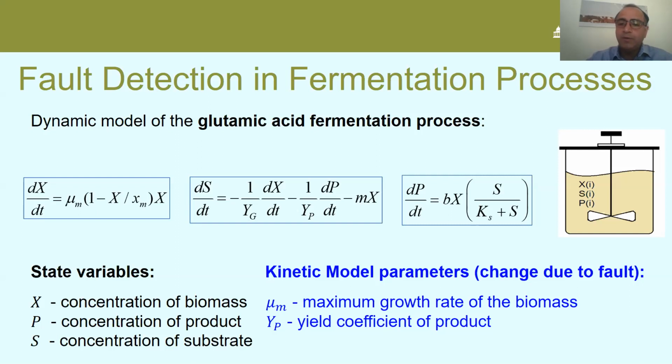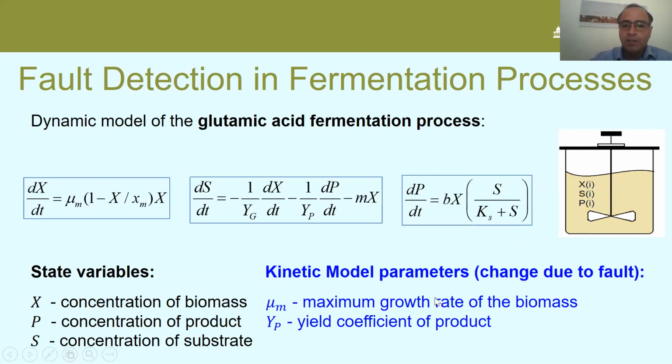So for example, if a batch fermentation process has started, and after a few days it turns out that something has gone wrong in the fermentation, they have to just throw the batch. So it's a waste of material, money, and time.